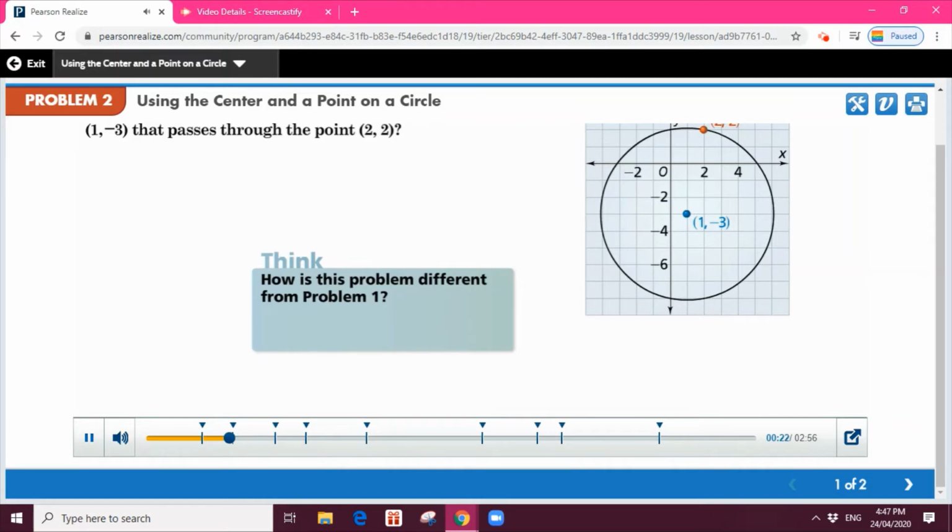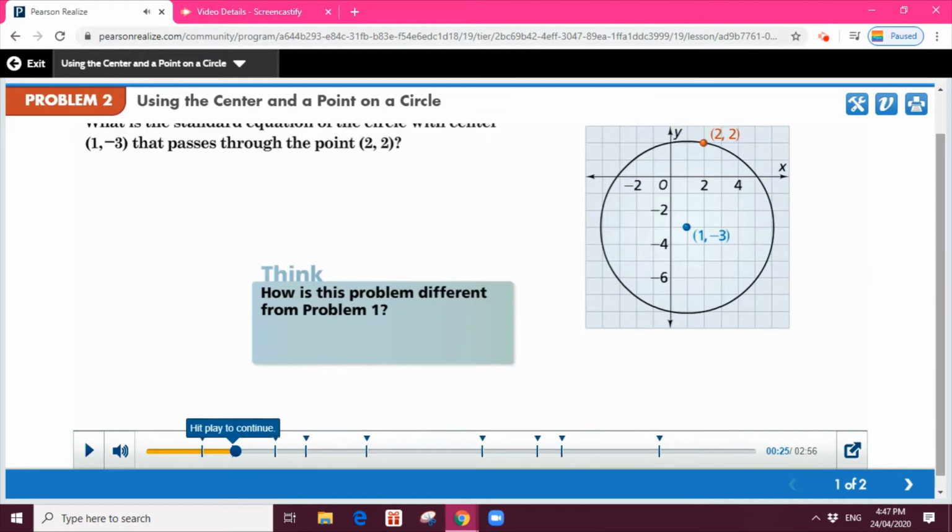That's the problem where you are given the center and the radius of the circle. In this problem, you don't know the radius r, so the first step is to find r.